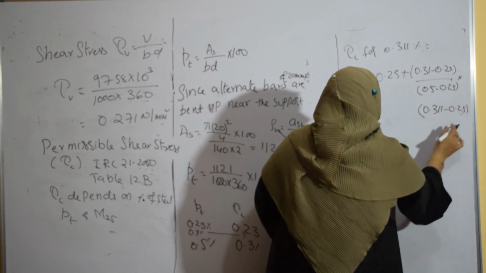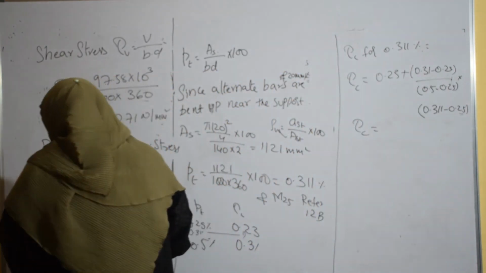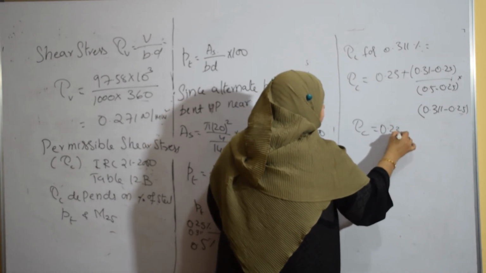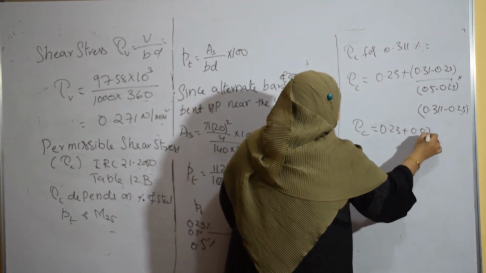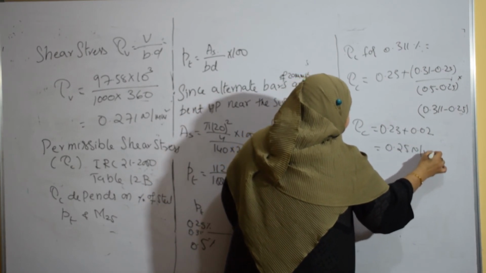On doing this, I am getting tau C, the permissible stress in the concrete. This is 0.23, this is 0.02, so on adding up this is coming as 0.25 Newton per mm square.